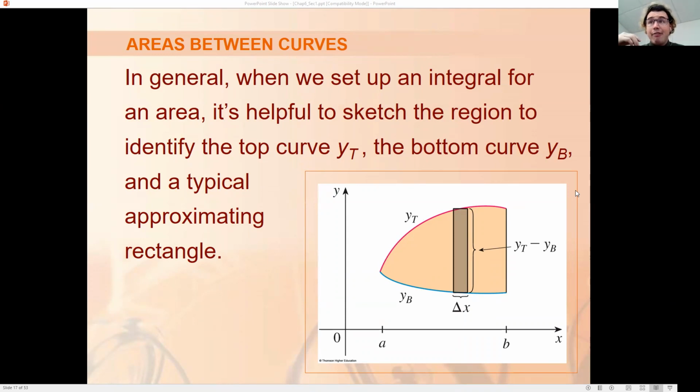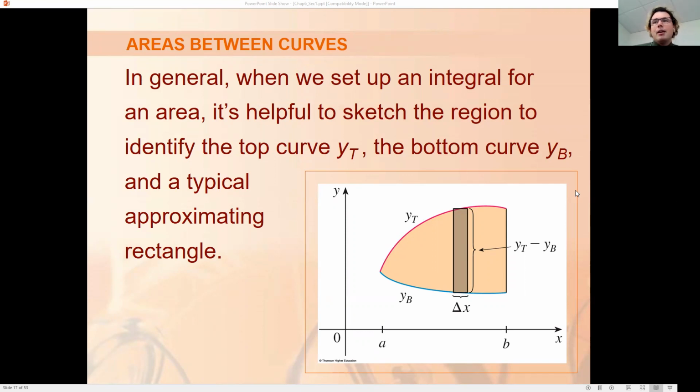And it's very important to know who's on top and who's on bottom. If you get it wrong, then there will be an extra minus sign in the integral. We always expect these calculations to be positive.